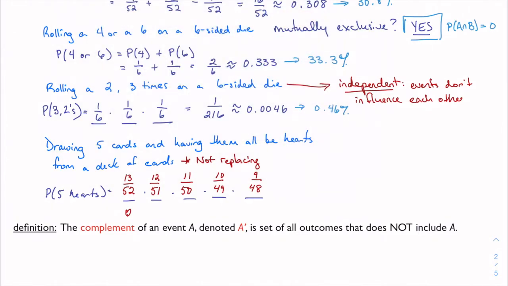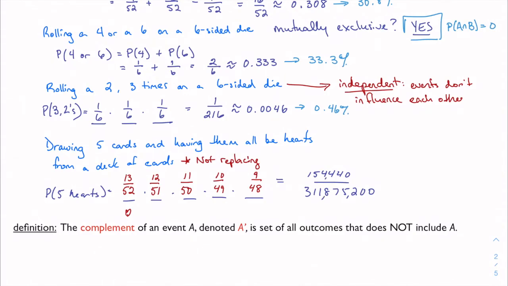This is an AND statement, so I'm going to still multiply everything together. So in the numerator, I get 154,440. And in the denominator, 52 times 51 times 50 times 49 times 48, I'm going to get 311,875,200.